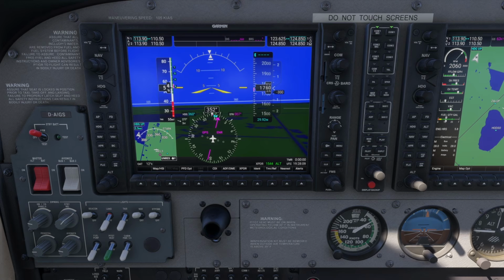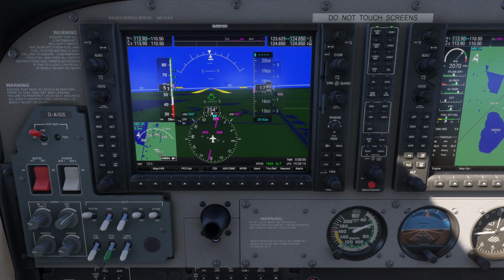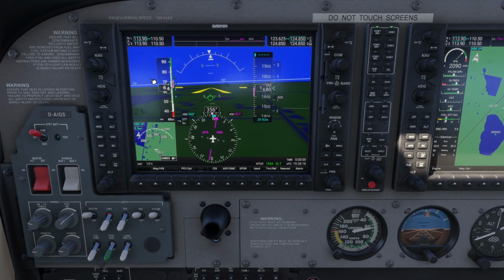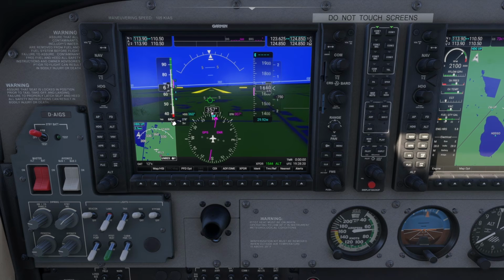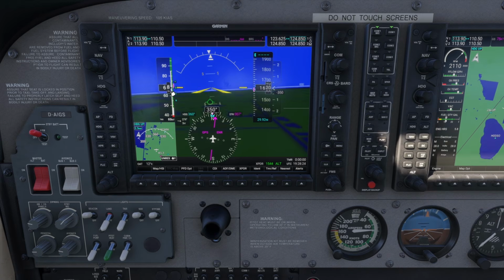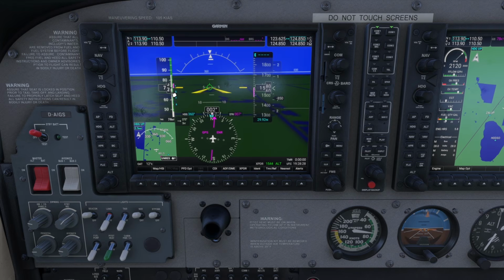Now, if we want to recover from the stall, we need to push the nose down. In this case, the airspeed will of course increase. Then keep an eye on the TAS, which will be very close to what you saw earlier, right? Let me go further, to 110 knots, and then let's see.